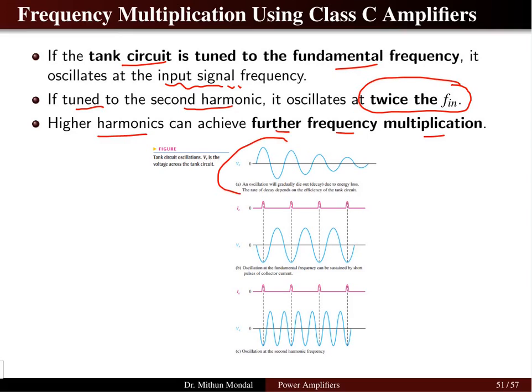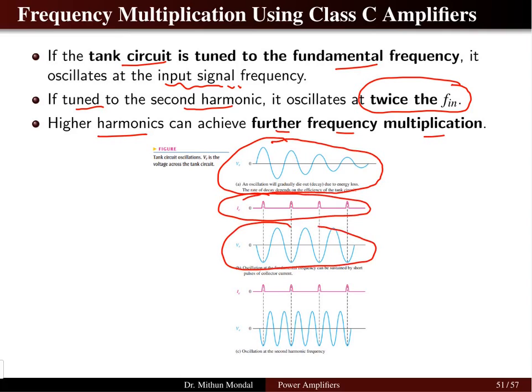Here we can see the oscillation which gradually dies out due to the energy losses, and the collector pulses are of very short duration. So we get the output as sinusoidal oscillations, and the frequency can be doubled if we tune to the harmonic of twice the fundamental frequency.